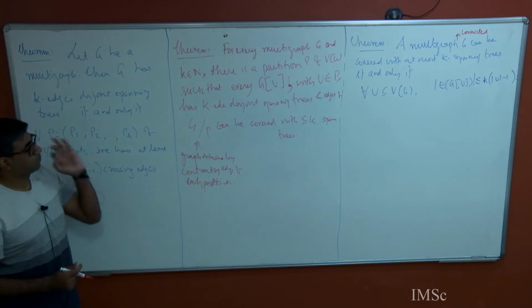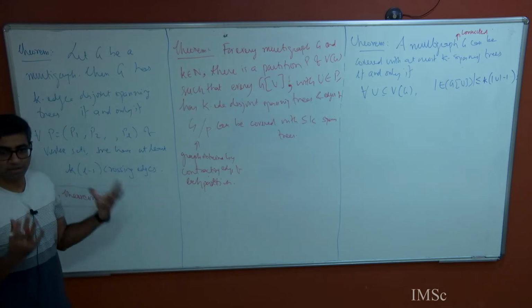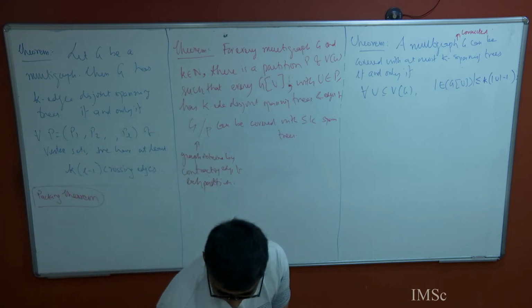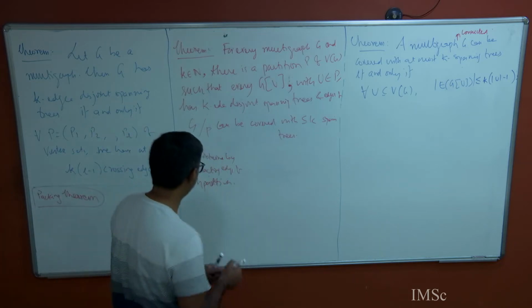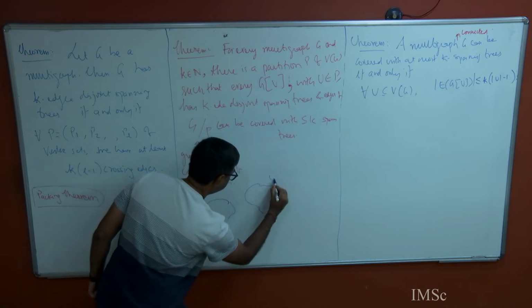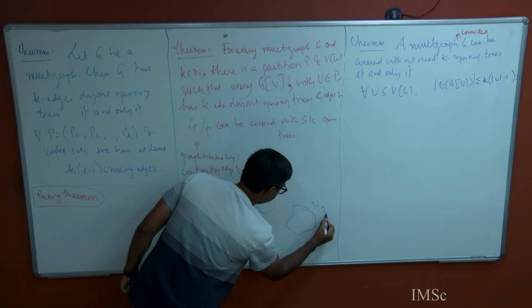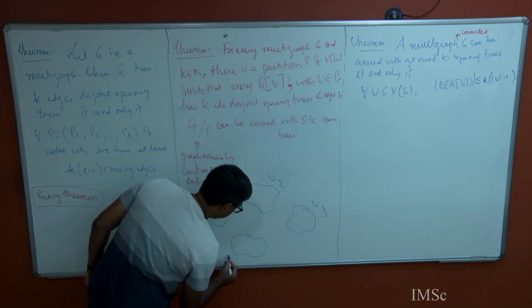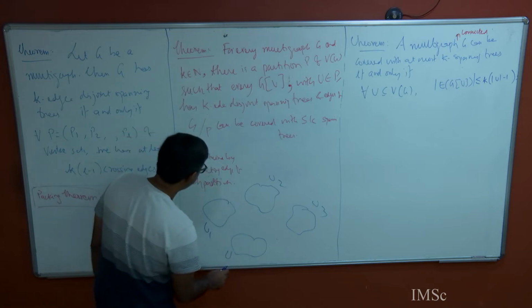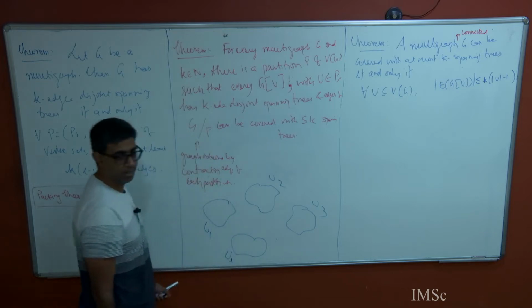So basically, it says that you are given a graph G and a natural number k. I can come up with a partition of the vertex set into, say, U1, U2, U3, dot dot dot, UL.